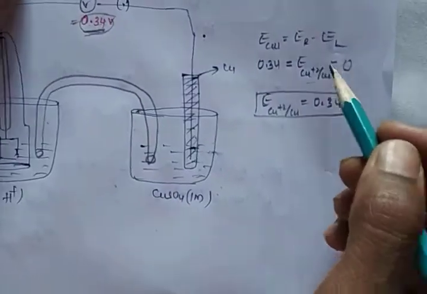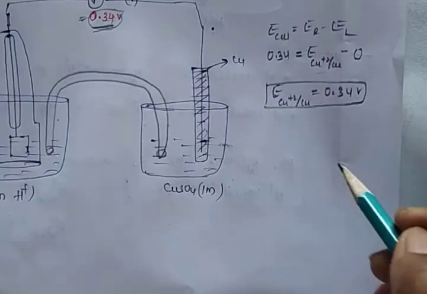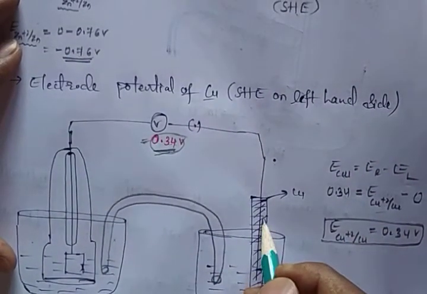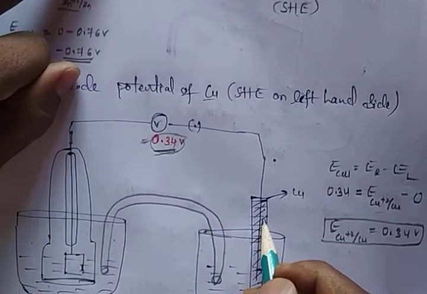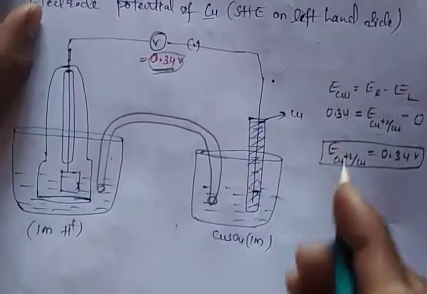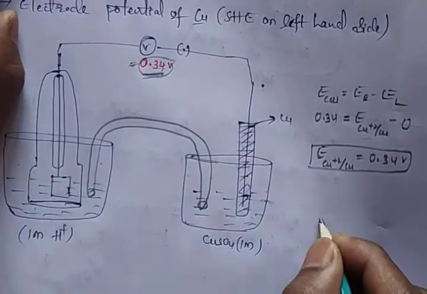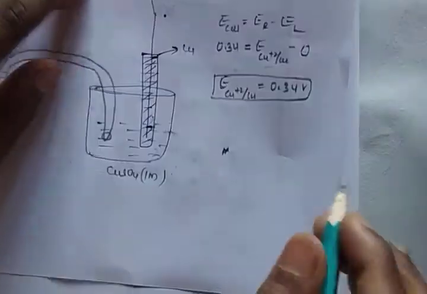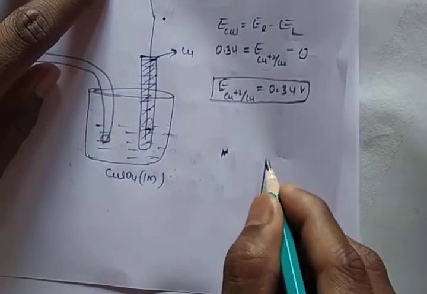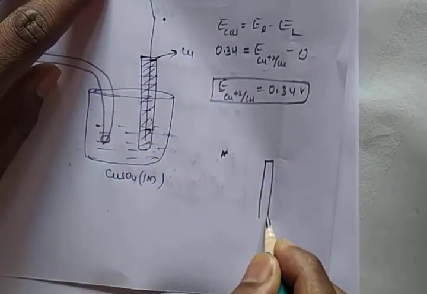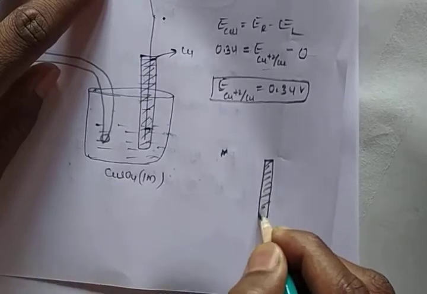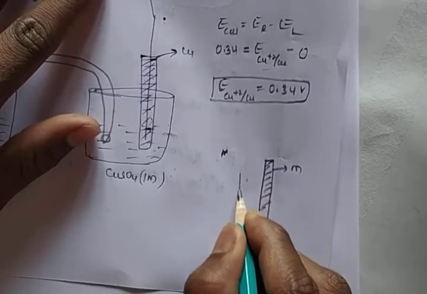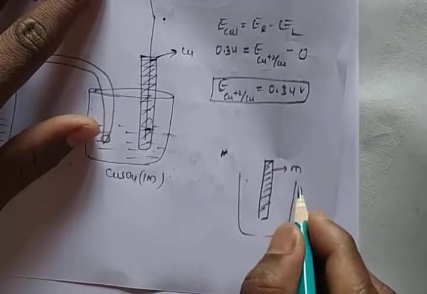Similar to this, you can connect any electrode at this point, electrode or left or right. In one side the metal M, any metal M, you can prepare another half cell. So a metal whose electrode potential values you want to know, make this electrode, this is the metal M, and dip in its electrolytic solution.